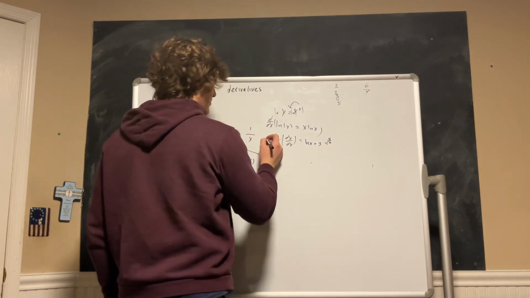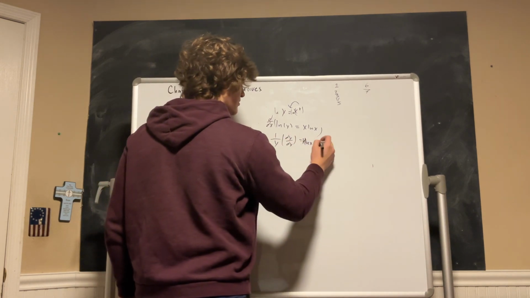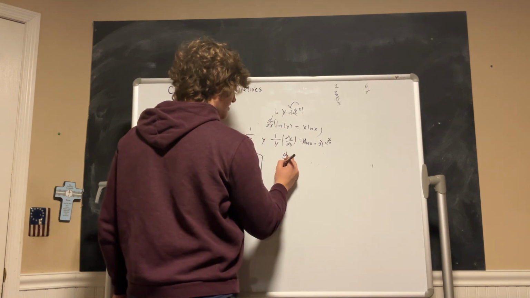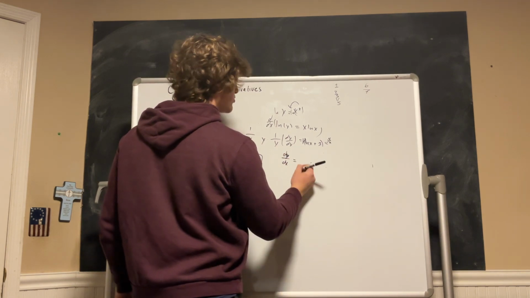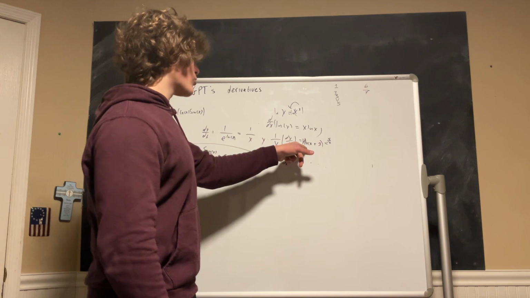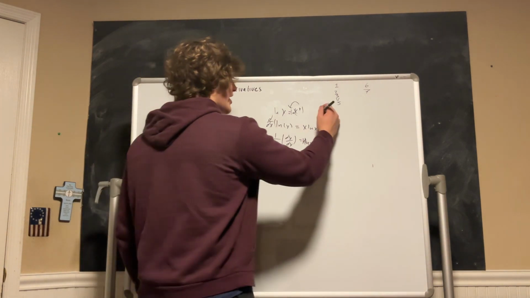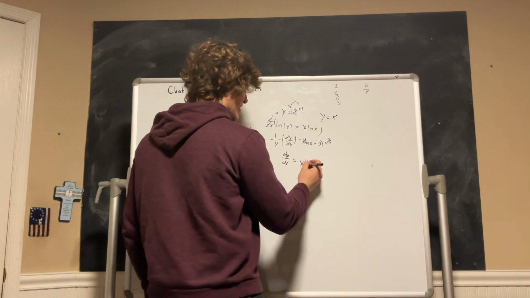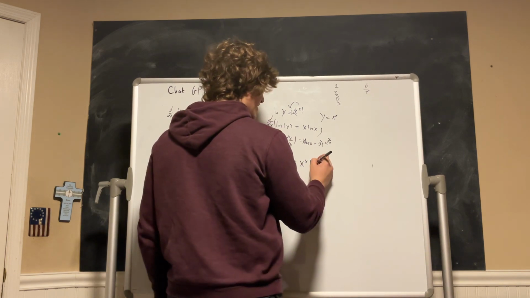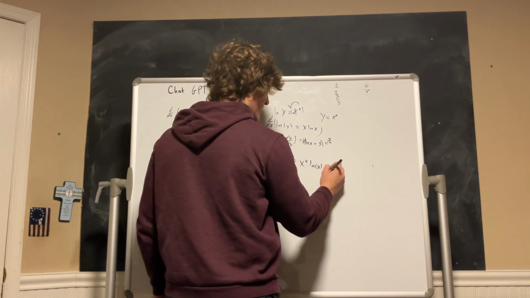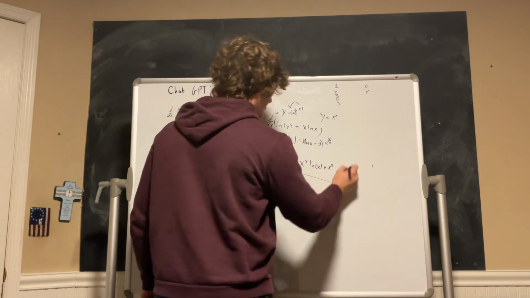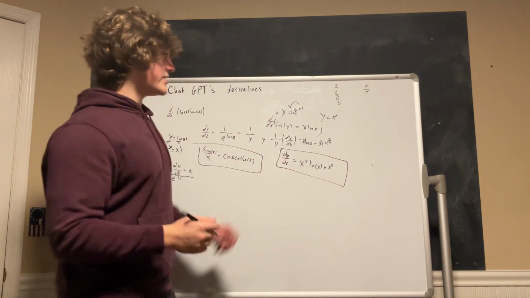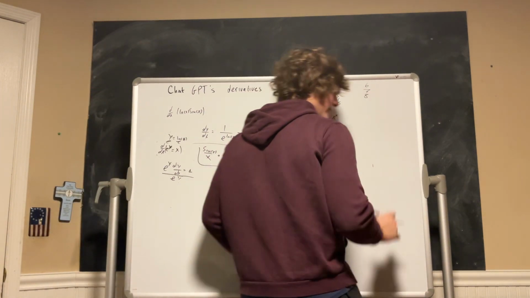So now we have to multiply both sides by y, and we get dy over dx is equal to our y multiplied by that, but if you remember, y is equal to x to the x. So this is x to the x times the ln of x plus x to the x, and that is our derivative. So that is number 8 crossed off right there.